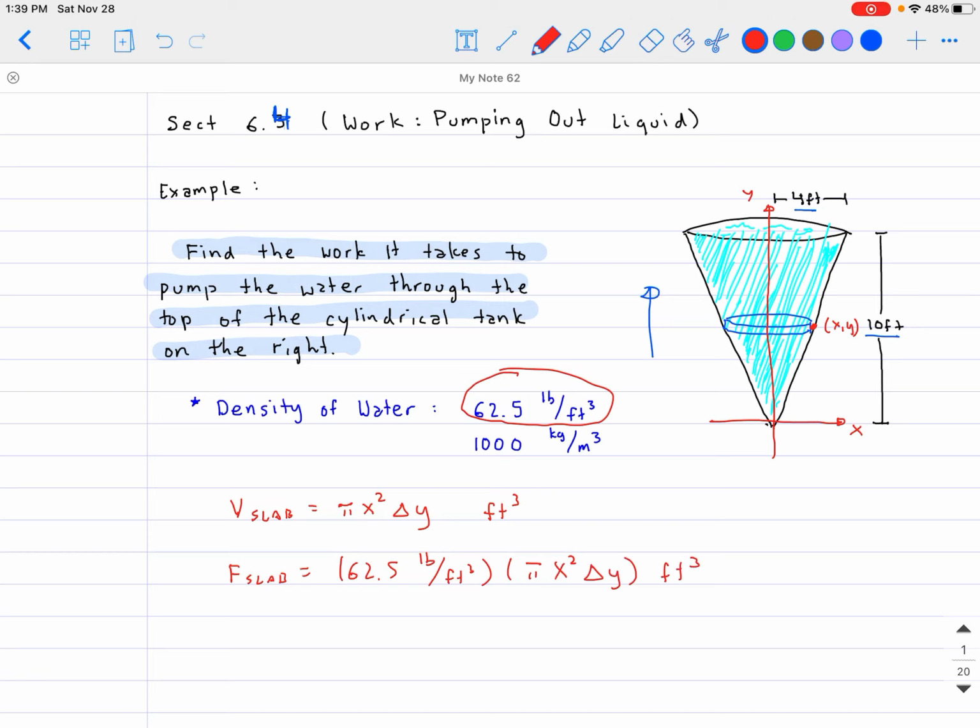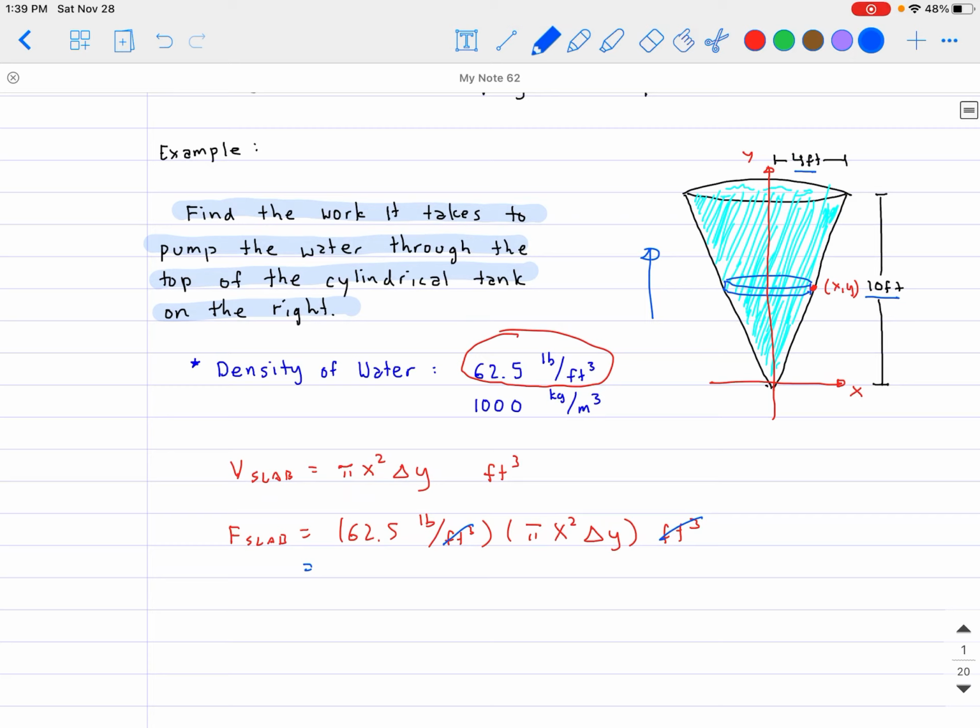Note how the cubic feet will cancel out. So everything now is in terms of pounds, which is what we want. So just to clean this up, 62.5 pi x squared delta y, and this is going to be in pounds.